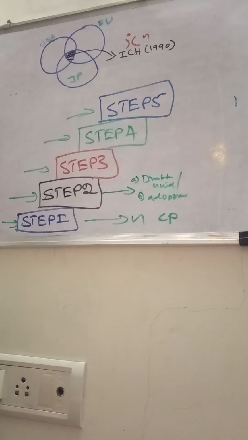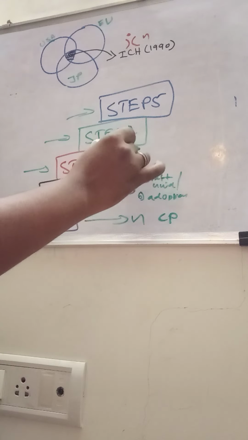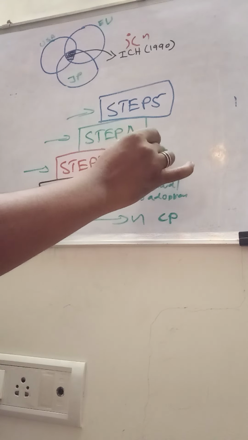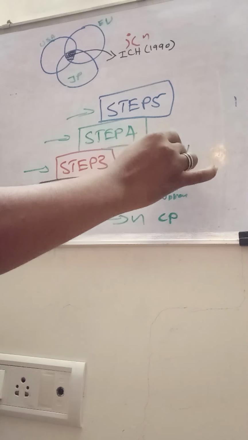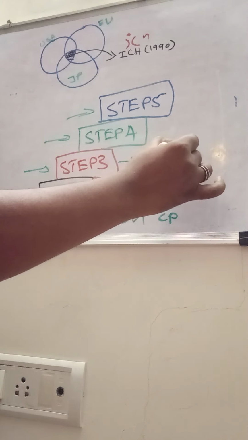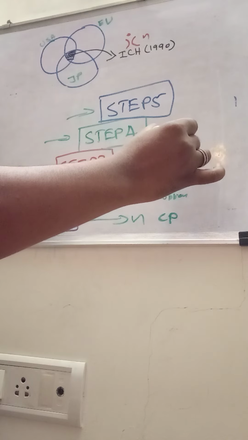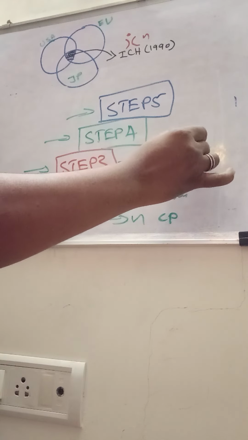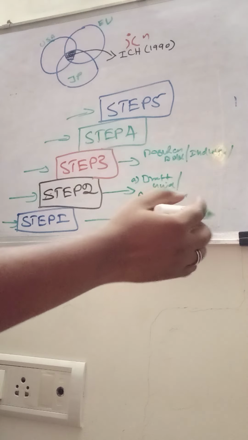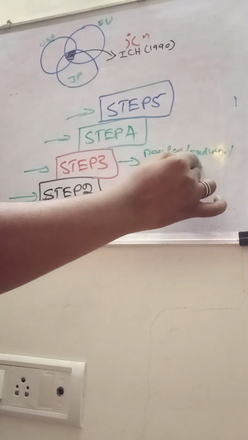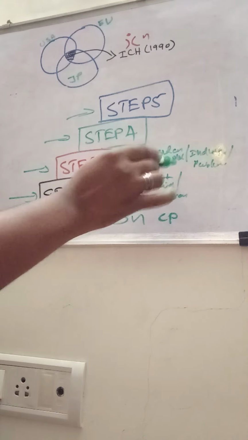In step 3, usually they go for consultation with other local regulatory bodies, and sometimes with manufacturers and industry as well. Some of the guidelines, if relevant, also go for public consultation, public comments you can say.